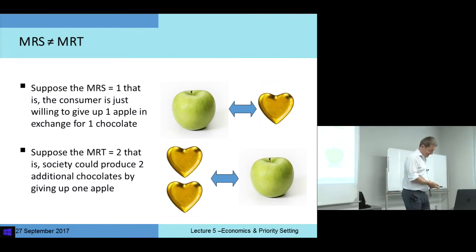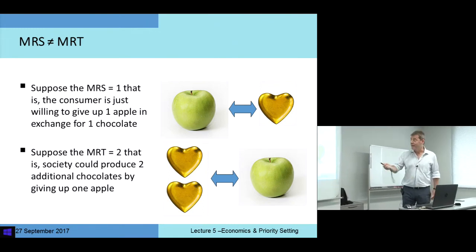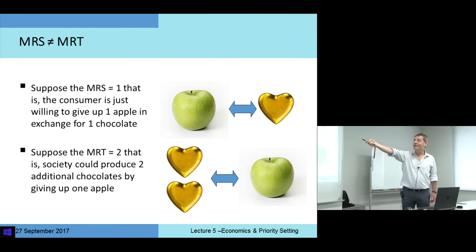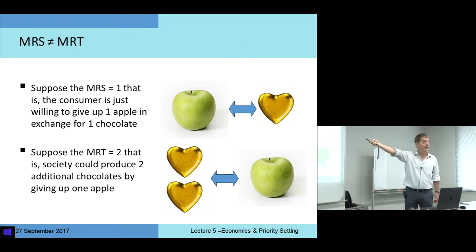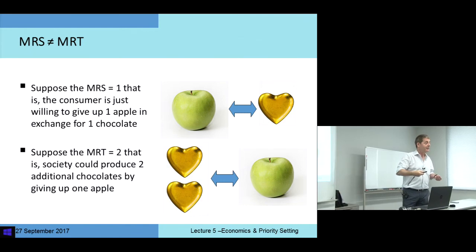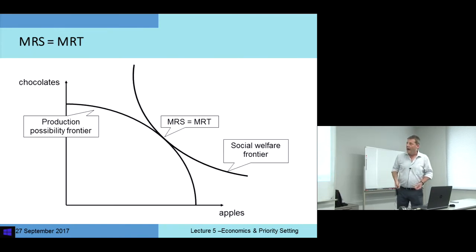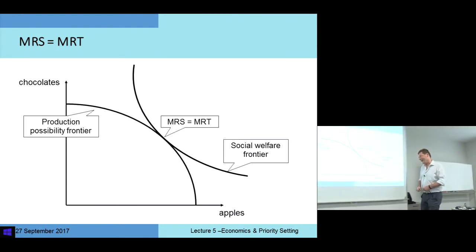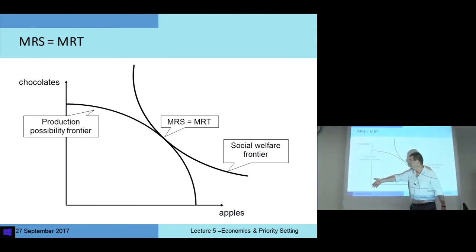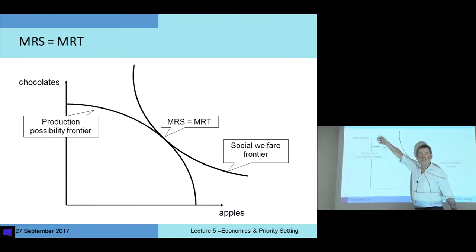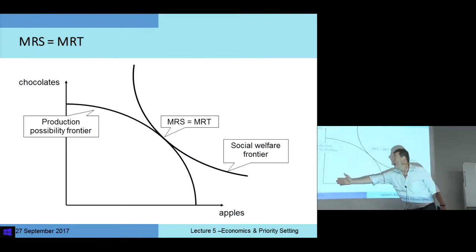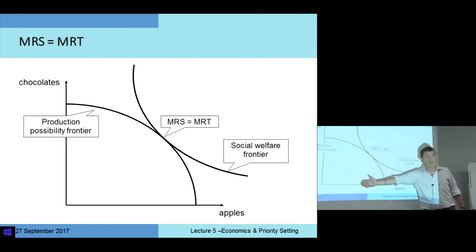And that, in more technical terms, is simply because the marginal rate of substitution is not equal to the marginal rate of transformation. There's the opportunity to do better. And another way of doing it, again, I don't know if it helps, but if it does, quantity of chocolates on the vertical, and quantity of apples on the horizontal.